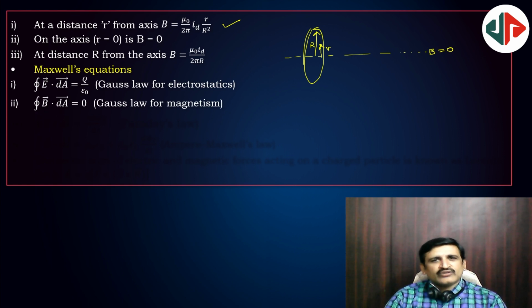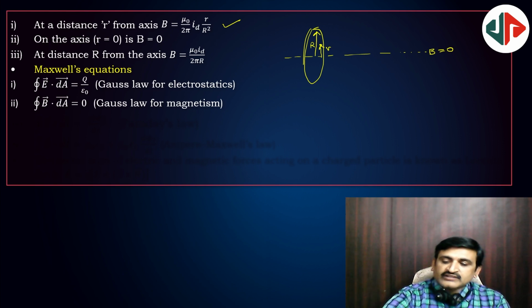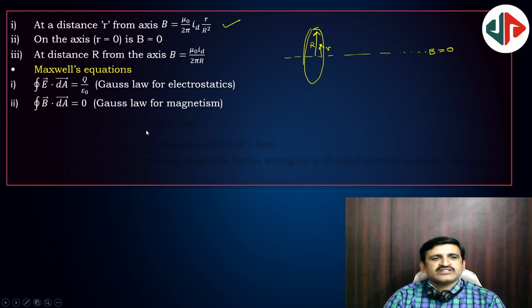Total flux emerged out from a closed Gaussian surface in magnetism is 0. Reason: monopoles do not exist. Poles always exist as dipoles, so that's why total flux will be 0.